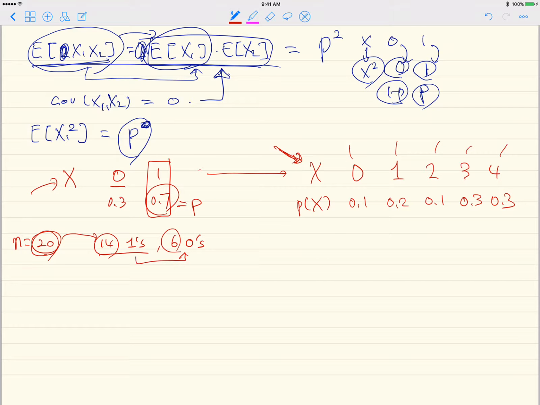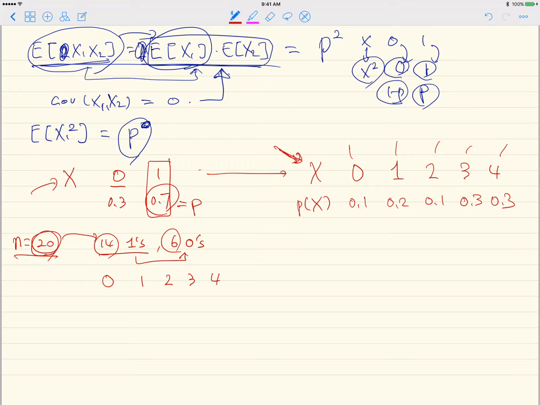But in the case of the multinomial distribution, let's fix n as 20, and we think about the count of 0, 1, 2, 3, 4. Suppose we observed our multinomial random variable as this.